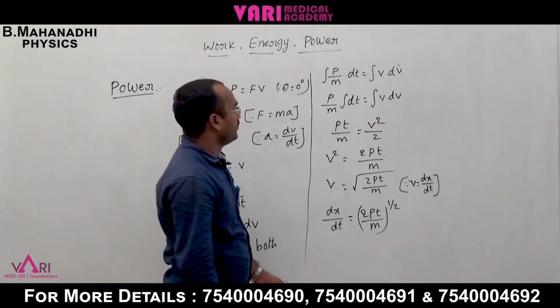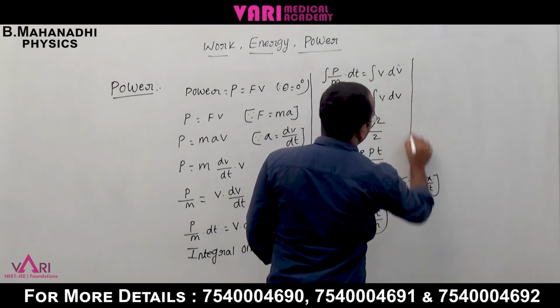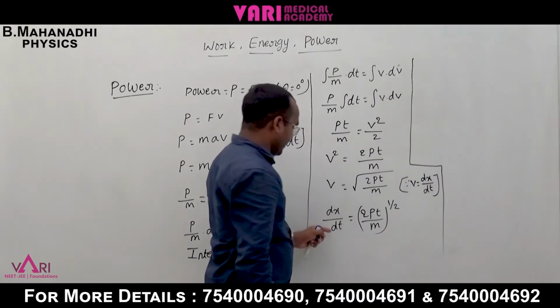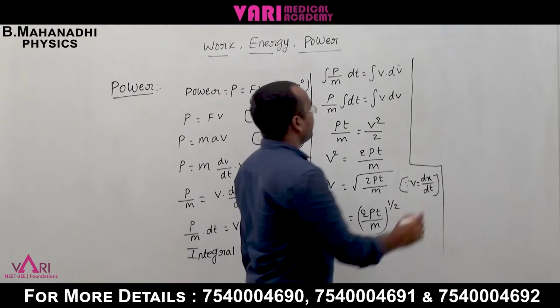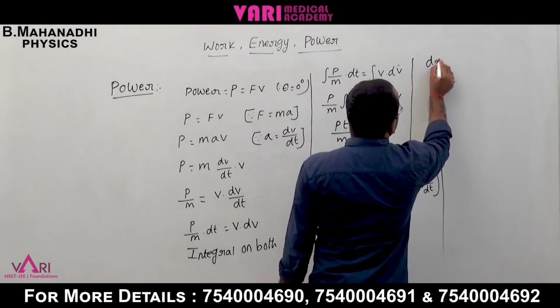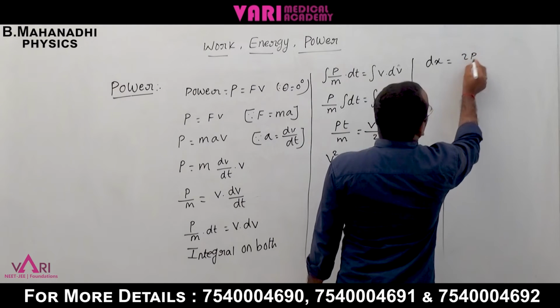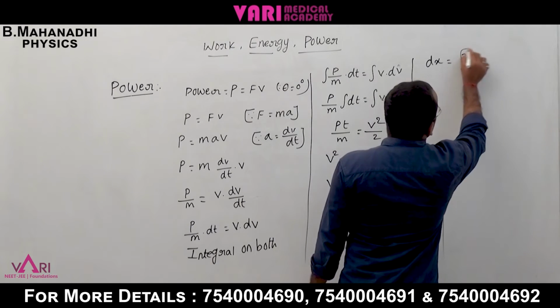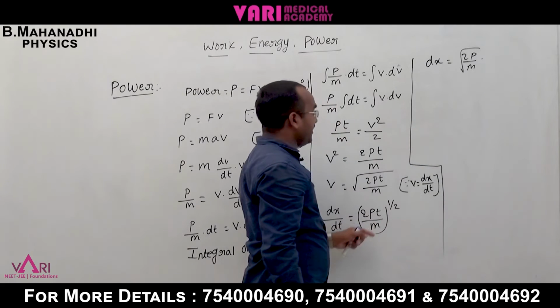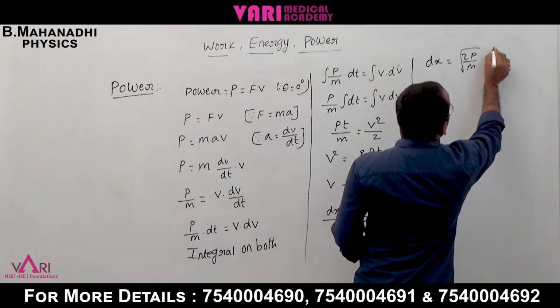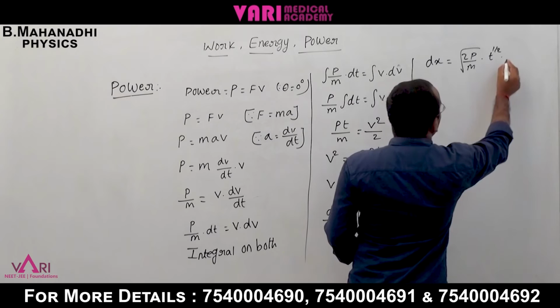Now dt is moved to the right side, so dx is equal to root of 2p by m into t power 1 by 2 into dt.